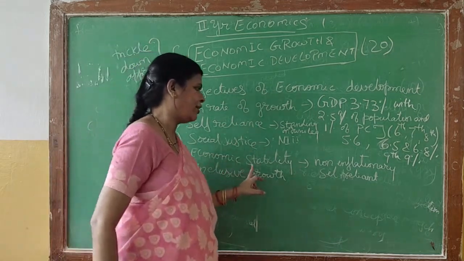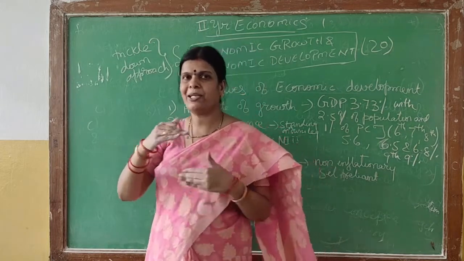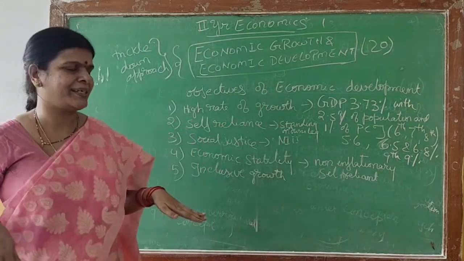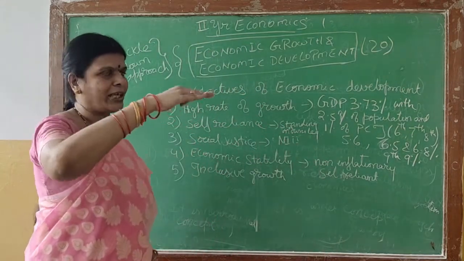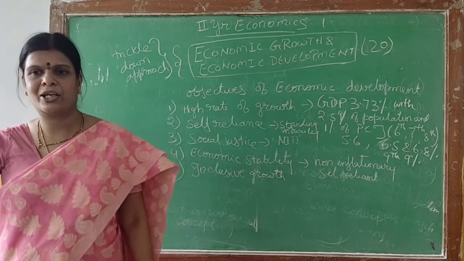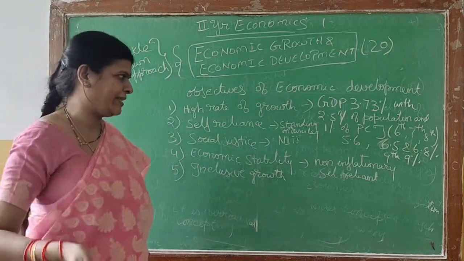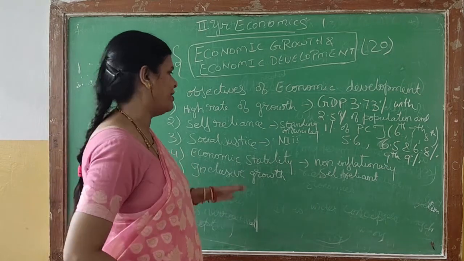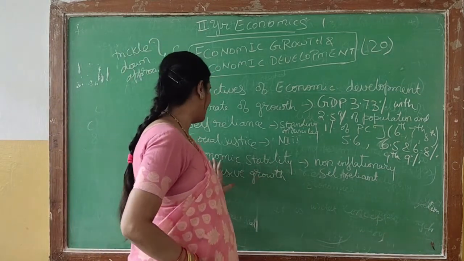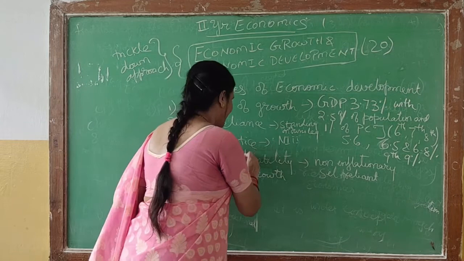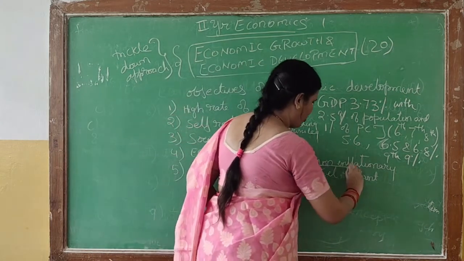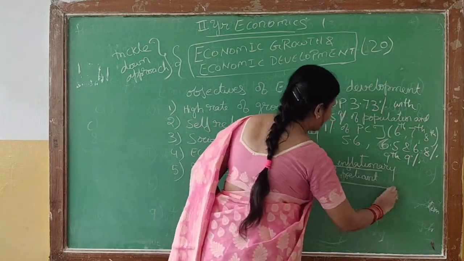Next one is economic stability. Stability means what? Stable. Growth and everything should be continuous. One year it should not be high and the other year it should not be less. So growth should be stable. That is by following non-inflationary and self-reliant policies.